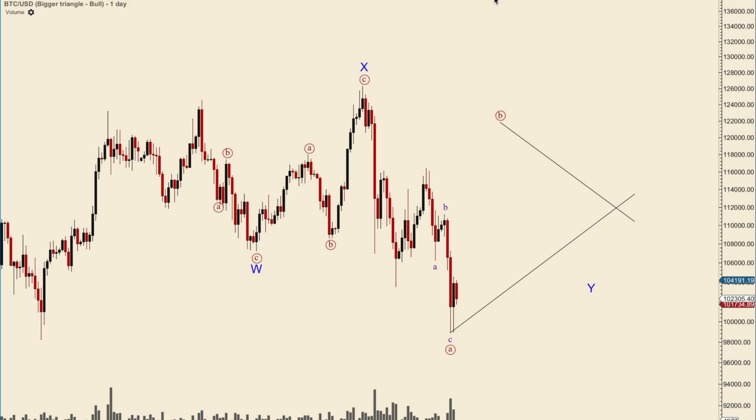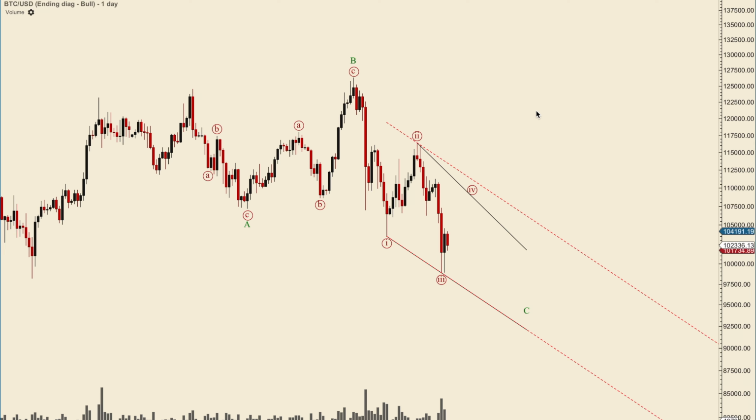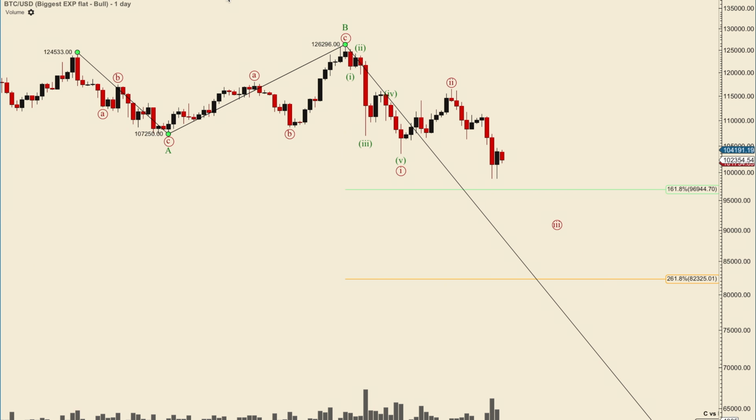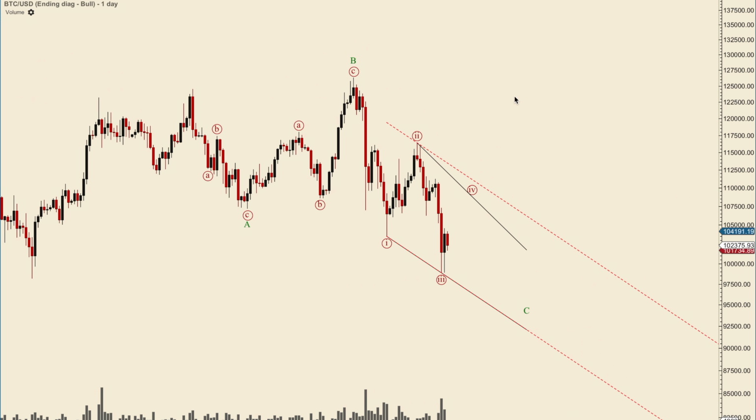And if we move on to this, it is a perfectly viable scenario, which is the one I'm more biased towards. It's an ending diagonal. So this is the same as I mentioned with the biggest expanded flat, A, B, C, but this is finishing wave C with a diagonal.